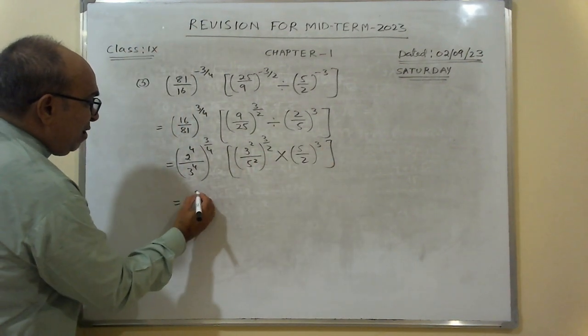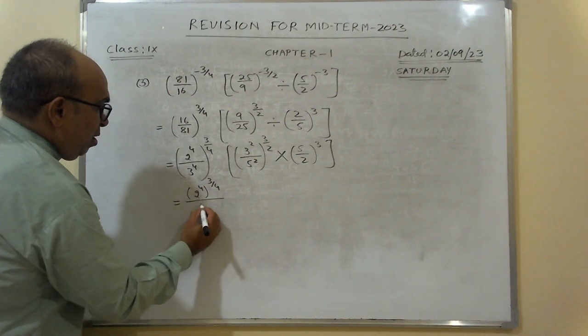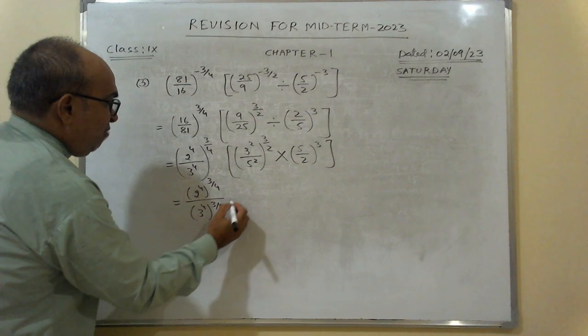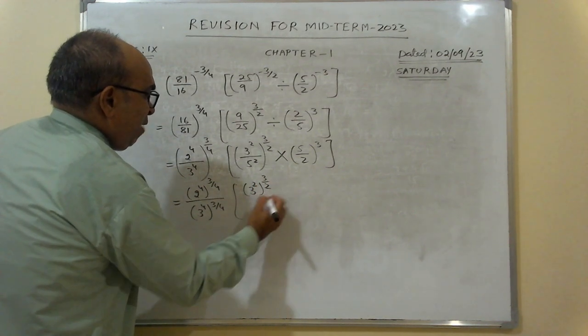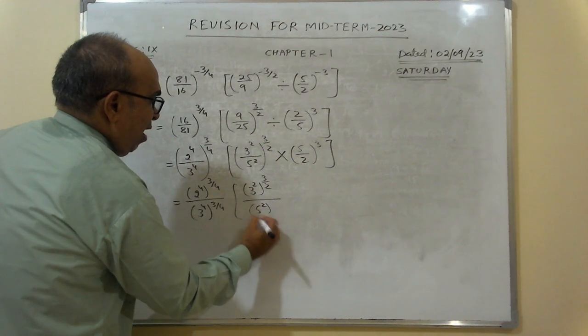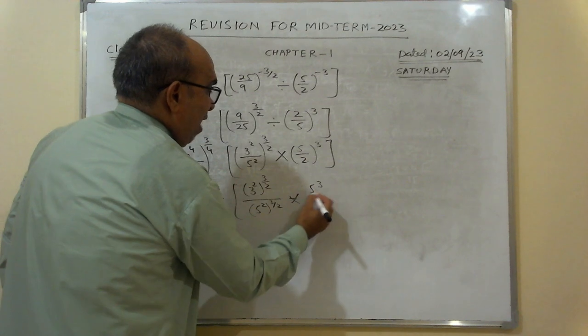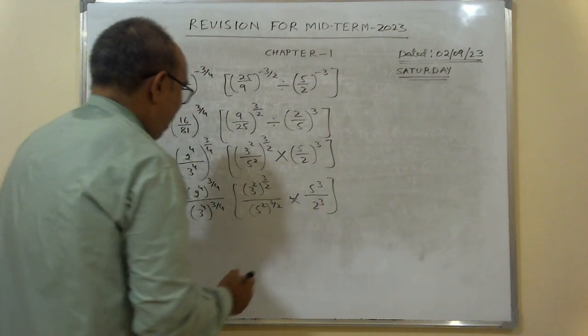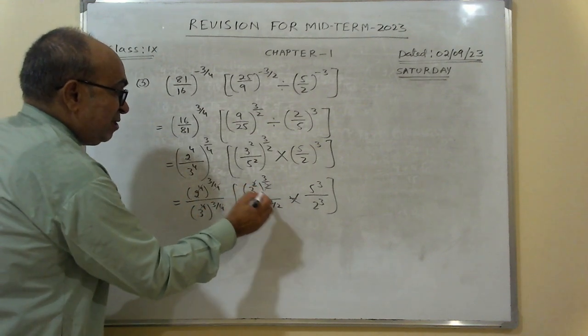Now this can be written as 2 power 4 whole power 3 by 4, 3 power 4 whole power 3 by 4, same thing, 2 square whole power 3 by 2, 5 square whole power 3 by 2, and this can be written as 5 cube and 2 cube. And then this 4 is cancelled by this 4, 2 is cancelled by this 2.